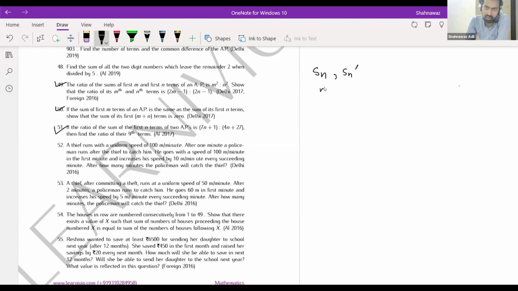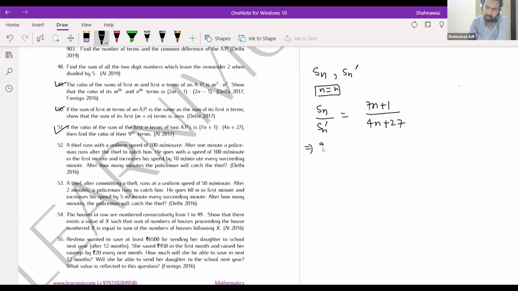Both have the same n. So Sn by Sn prime is 7n plus 1 divided by 4n plus 27. This is given.